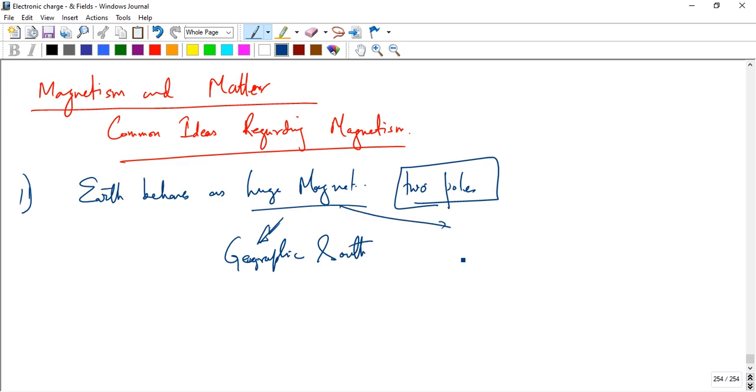And the north pole of that magnet is called geographic north. That's two important points.